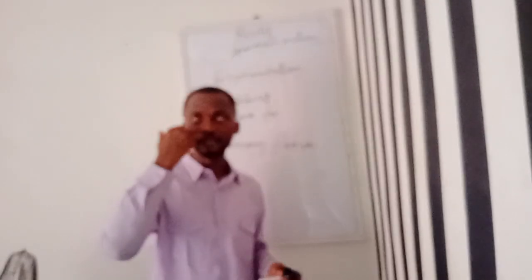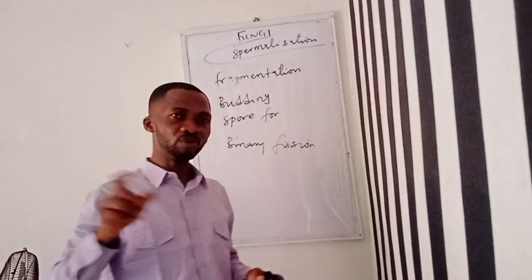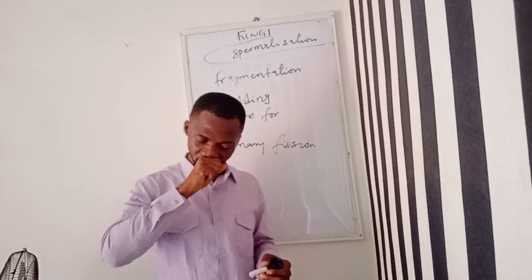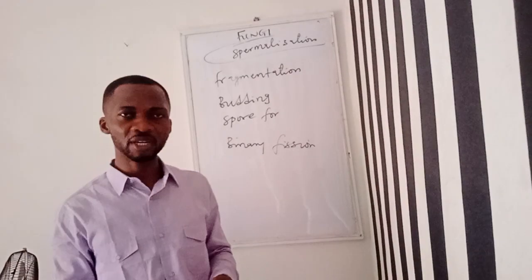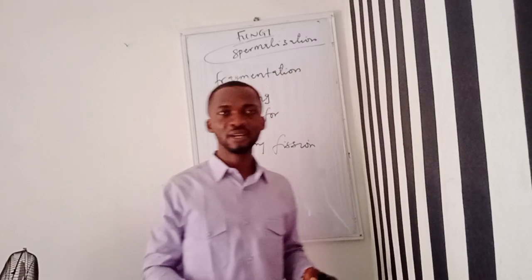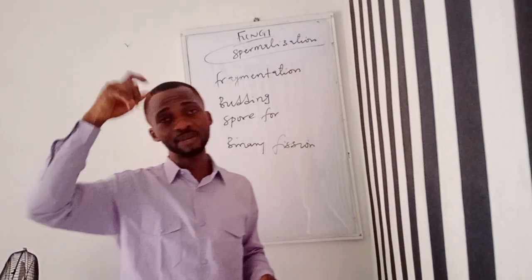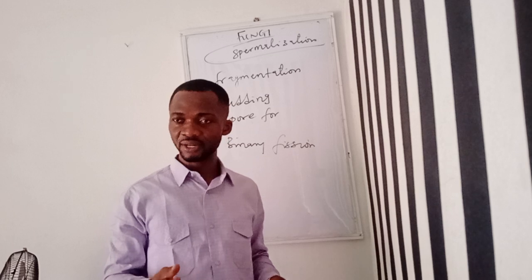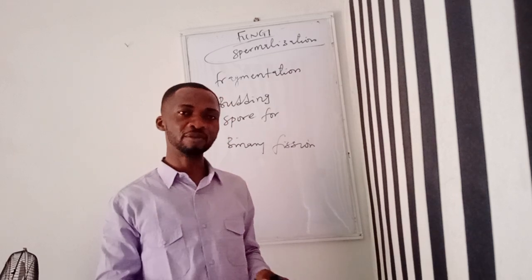Then there are spermatia, minute uninucleate spore-like structures. These spermatia are released from the male hyphae and carried to the receptive hyphae of the female.